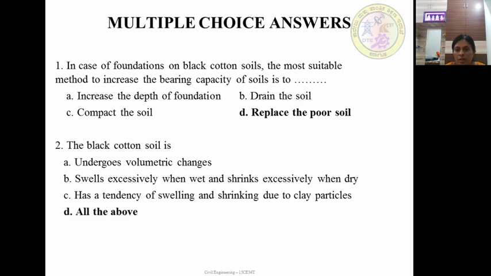The first is true, swelling excessively when wet and shrinking excessively when dry. The second is also correct, a tendency to swell and shrink due to clay particles. So the last option, all the above, is the answer.